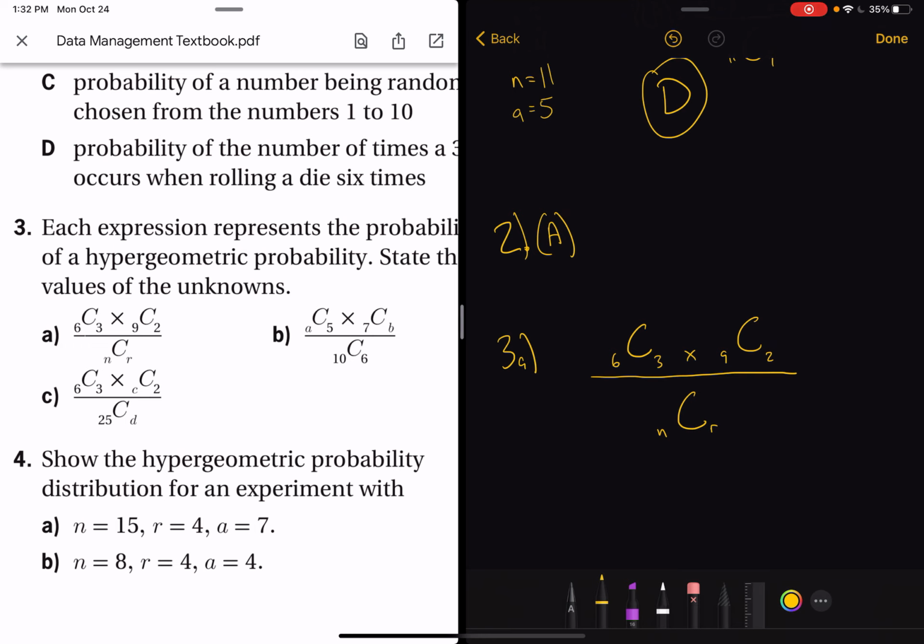If you think about it, we have 6 possible successes and 9 possible non-successes.